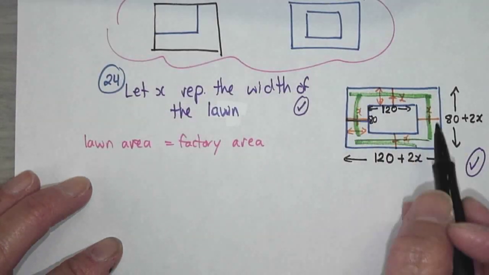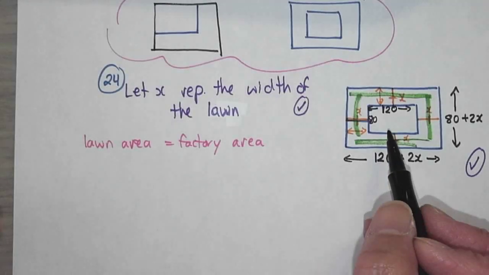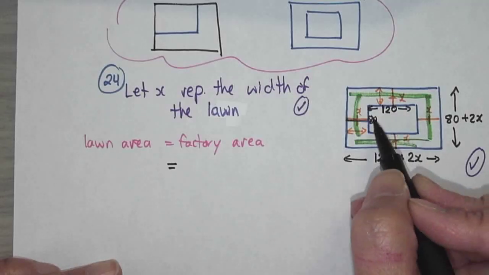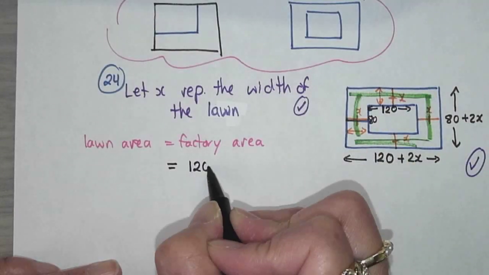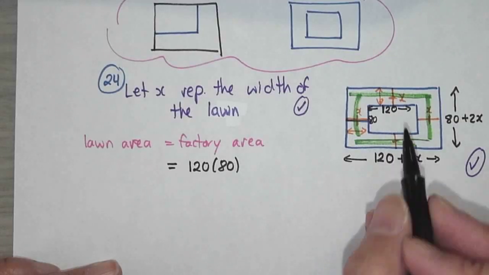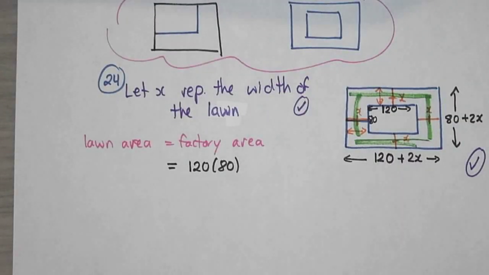So then how do I get that lawn? The factory area is easier, isn't it? The factory area, what's the factory area? 120 by 80, isn't it? The area of the factory inside? But the area of the lawn, how do I get the area of the lawn?